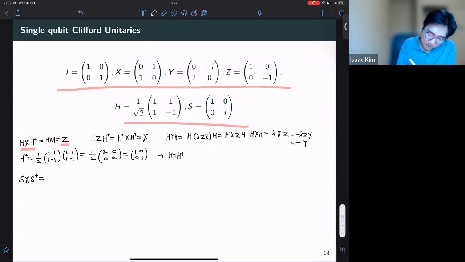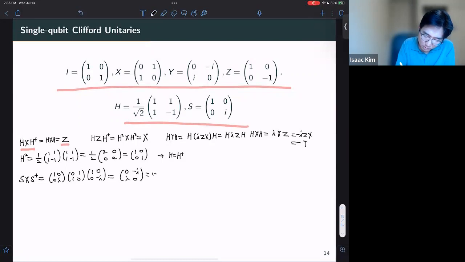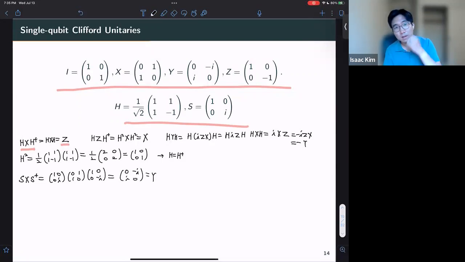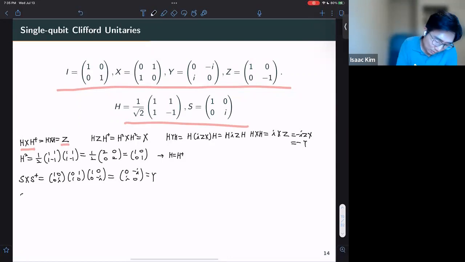What about S X S dagger? What you're going to get is 1, 0, 0, i, times 0, 1, 1, 0, times 1, 0, 0, minus i. And that turns out to be exactly equal to Y. And what about S Y S dagger?